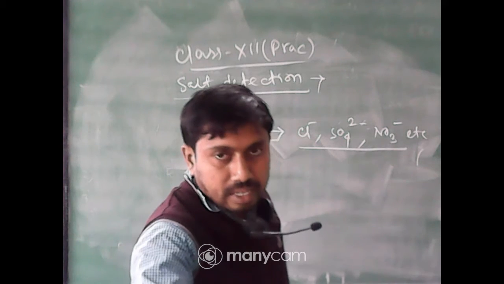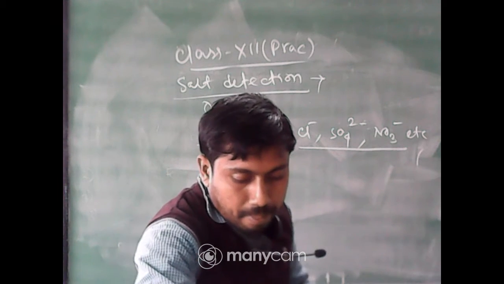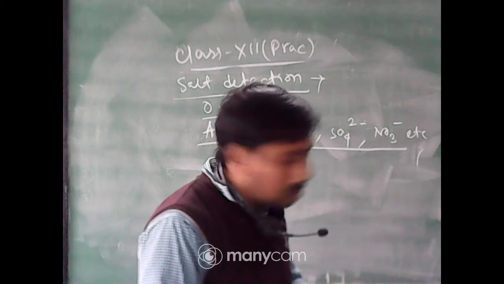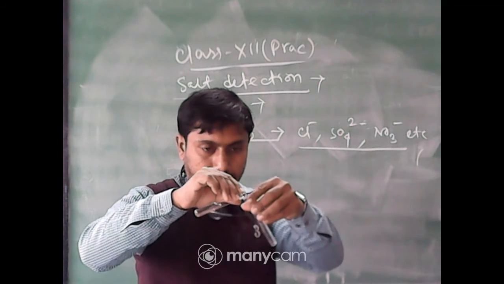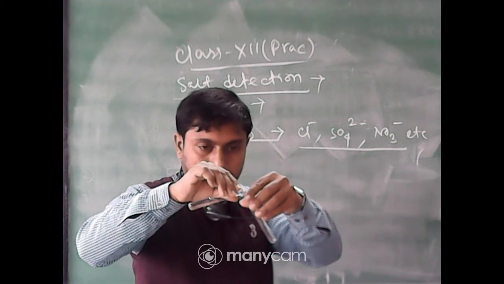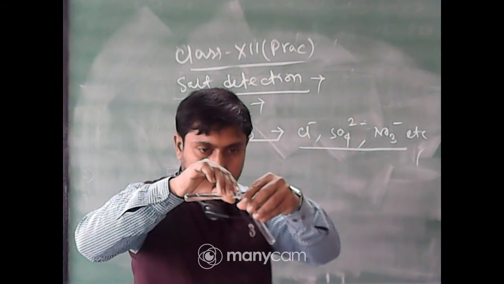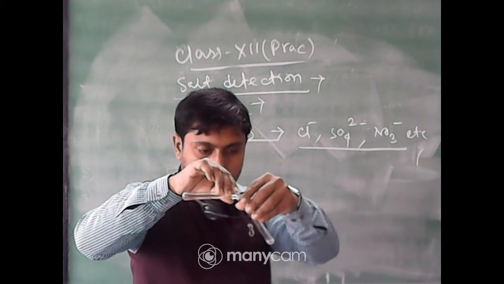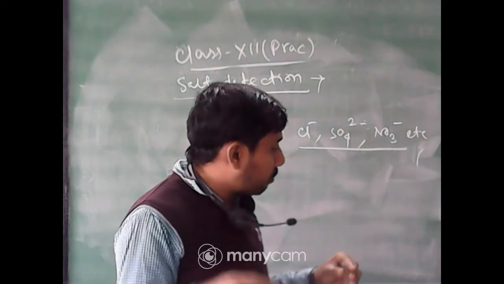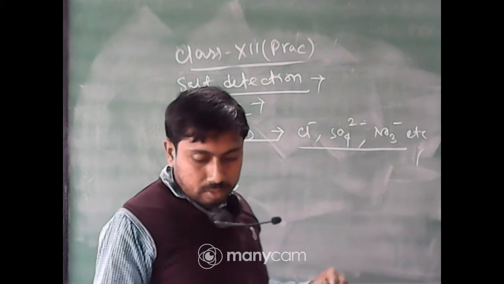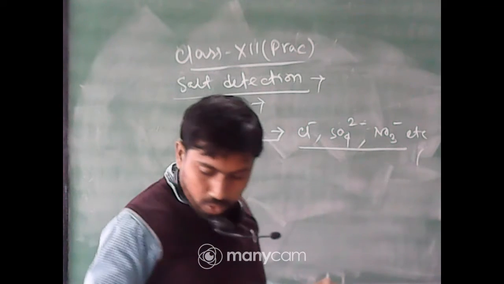Next, again taking the OS. Next is the test for sulphate. What is the reagent for sulphate? That is barium chloride solution.